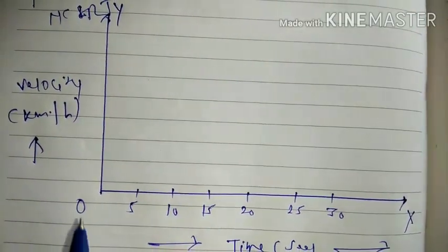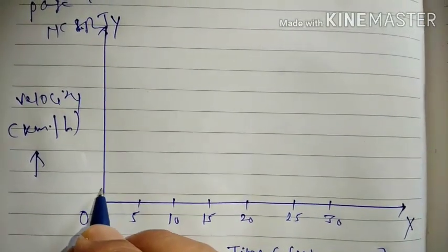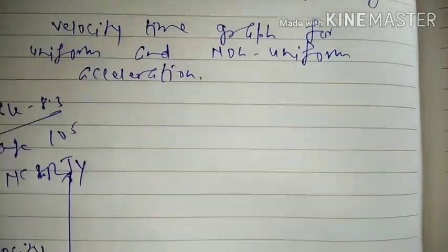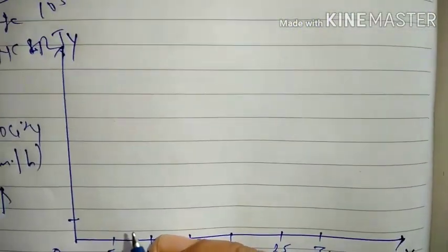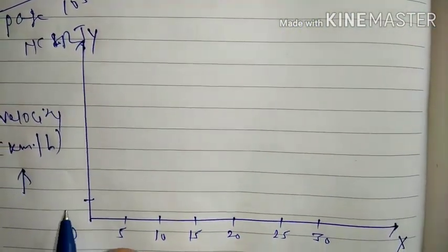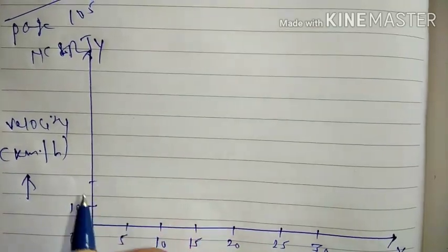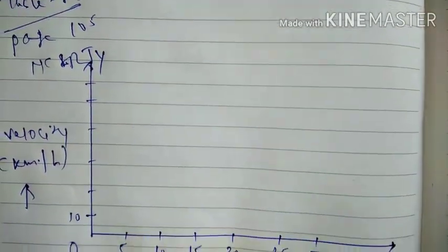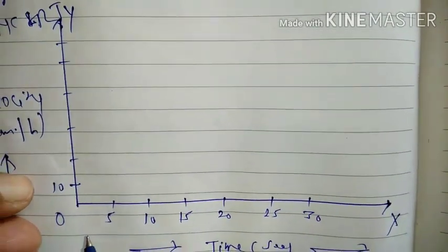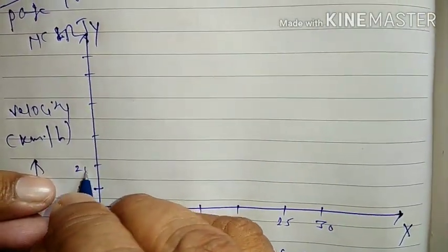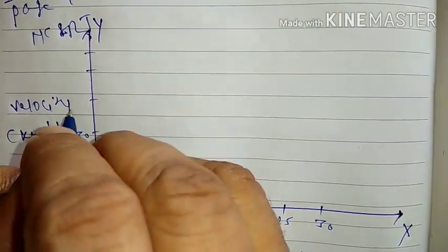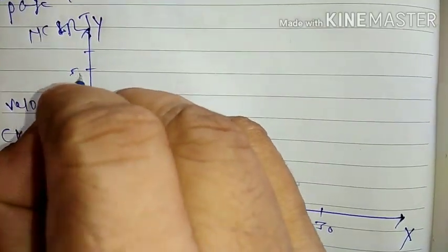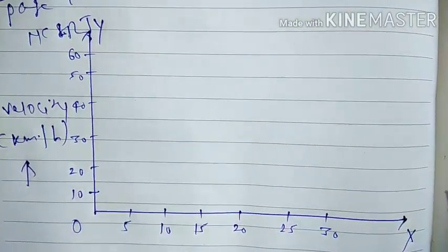So suppose we take 0, next 10 kilometer per hour, 20, 30, 40, 50, 60. So the scale is of 10 kilometer per hour.